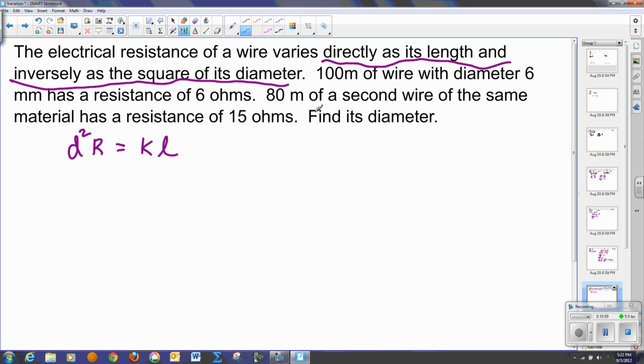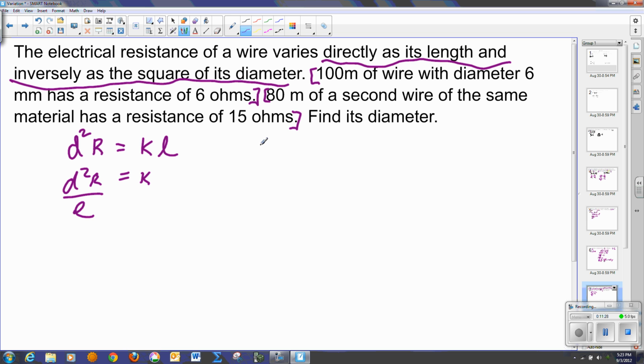So once again, we're given one situation and a second situation. So in this case, I know that K will equal d squared R over L. And I can set up now a proportion of these two situations.